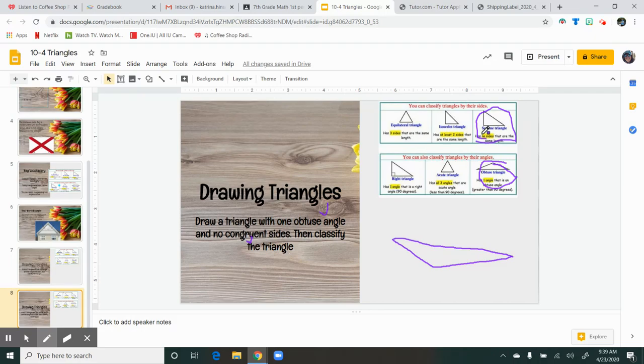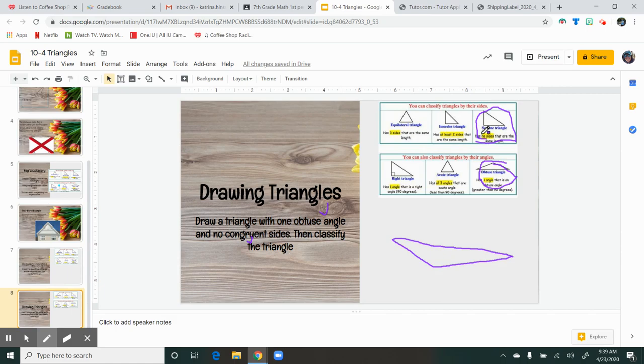And then it asked you to automatically draw an obtuse angle. So because it kind of uses obtuse angle, this is an obtuse triangle. So if you're classifying this, you would say that this is an obtuse scalene triangle, or scalene obtuse triangle. Either way, as long as you have both of those words in there.